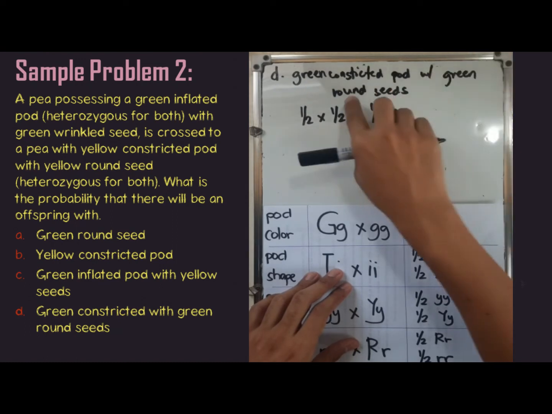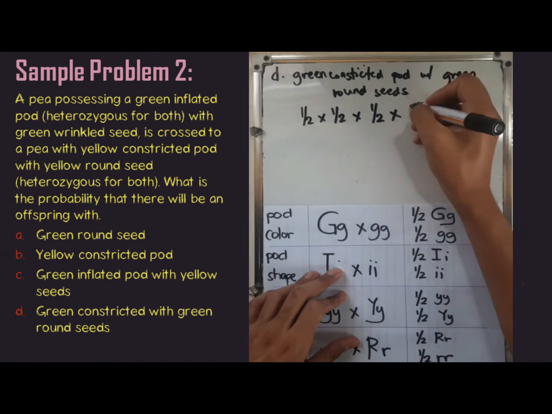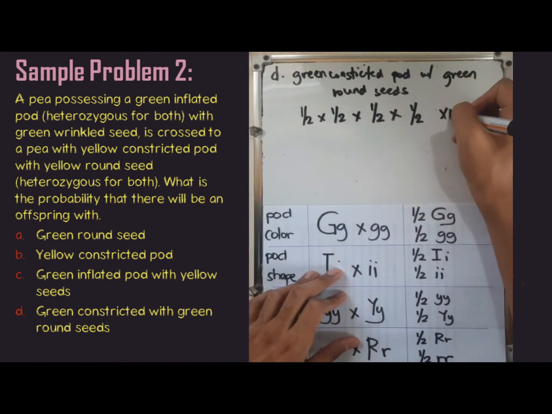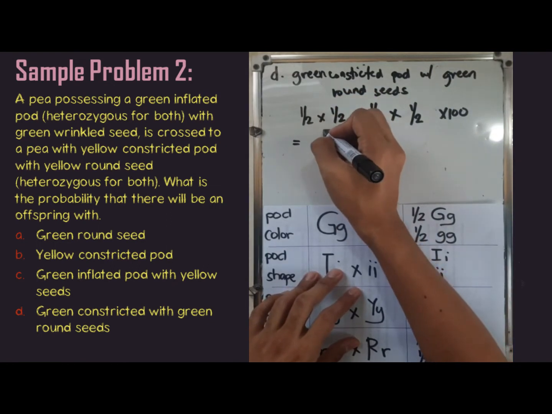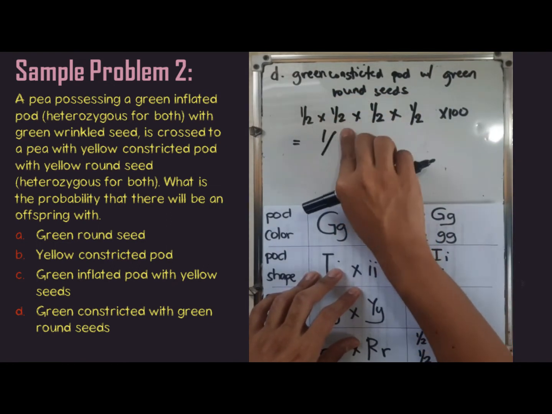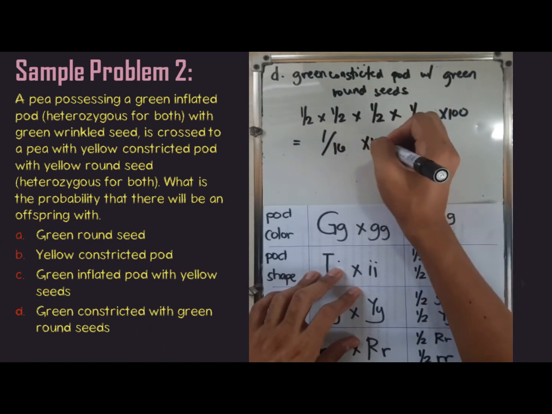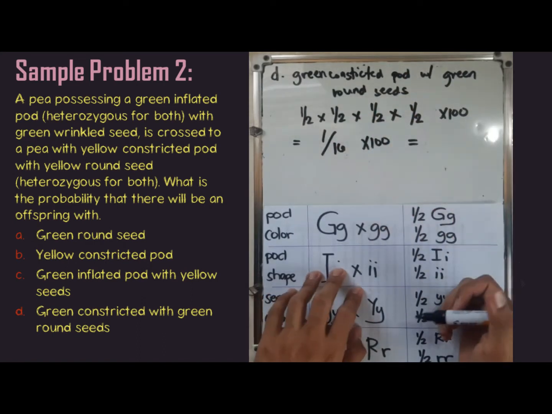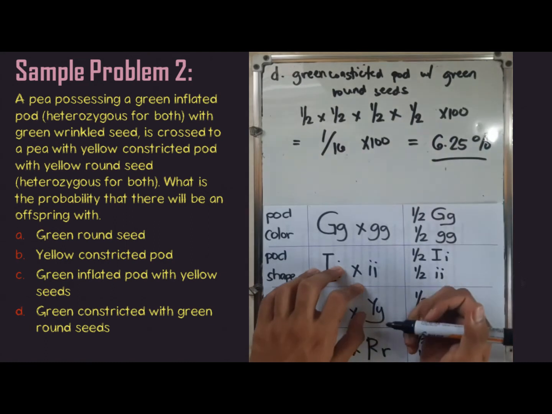Then, lastly, the presence of round seeds, the probability is equivalent to 1/2 as well. Then, we're going to multiply this with 100. So, 2 times 2 times 2 times 2 would give us 16, and 1/16 times 100 will give us the answer of 6.25%.